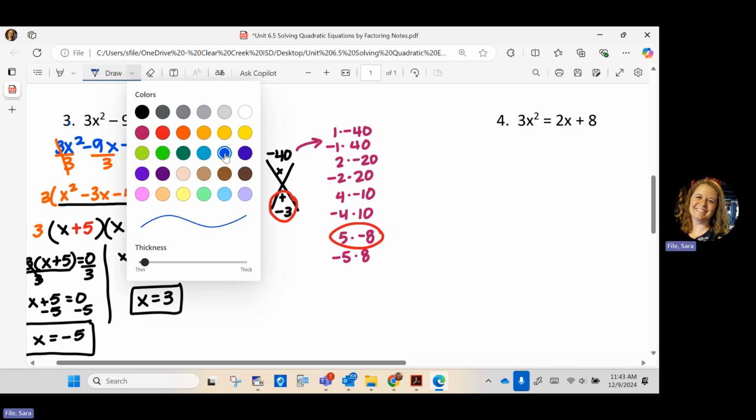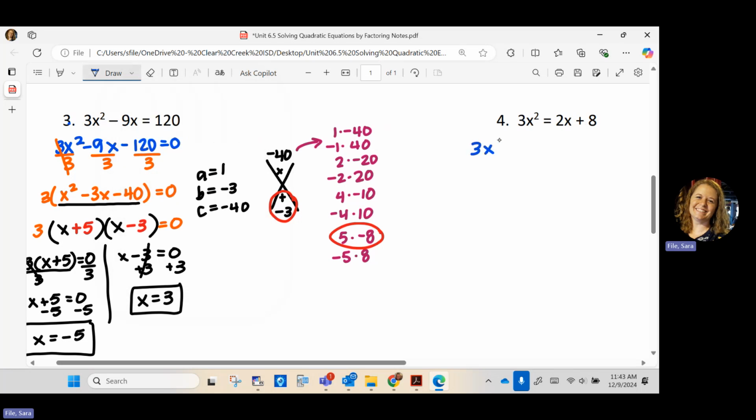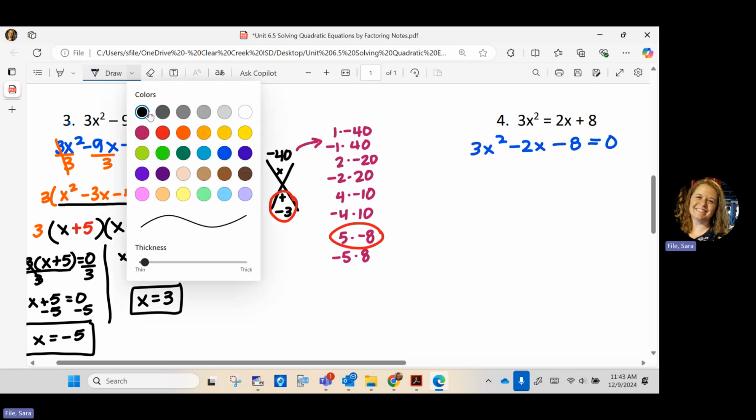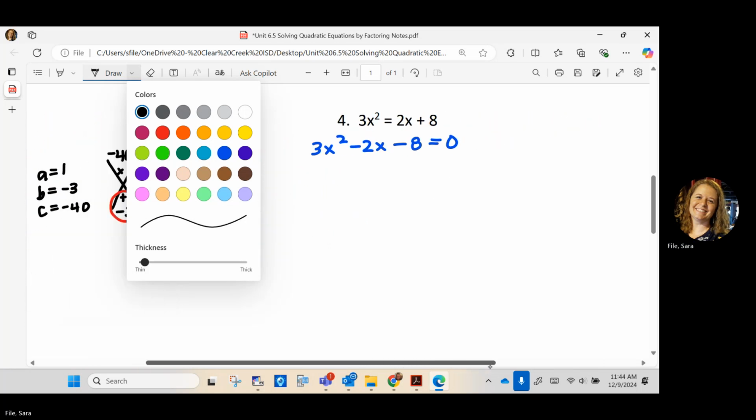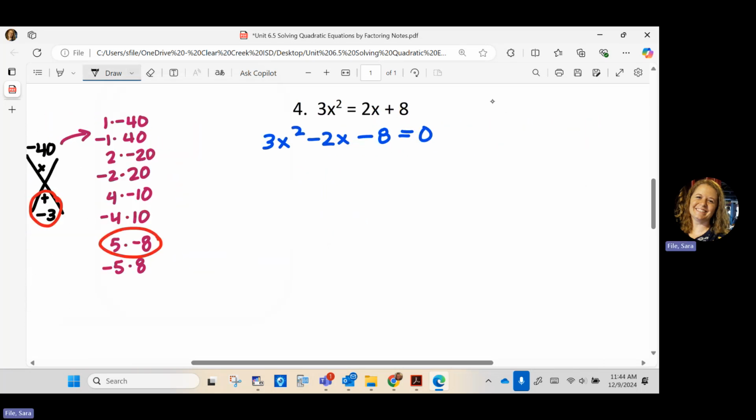Okay, in this next one, I would move the 2x and the 8 over here by subtraction. So it'd be 3x squared minus 2x minus 8 equals 0. There is no GCF to factor out, so I'm ready to do my ACB table or my X. We do A times C. Let's identify A, B, and C. I didn't do that yet.